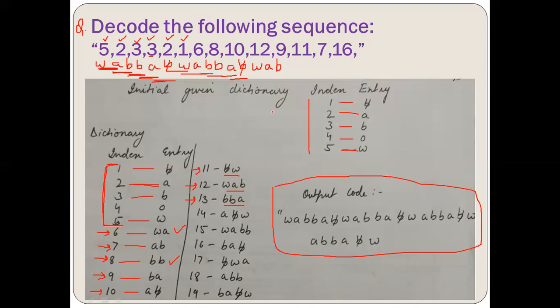Yes. So what I'm going to do, I'm going to take A, B bar W. A, B bar W is not there anywhere. So I'm going to make a new entry for 14th position, A, B bar W. Right? So here you can see we have already done till 14th position, A, B bar W.